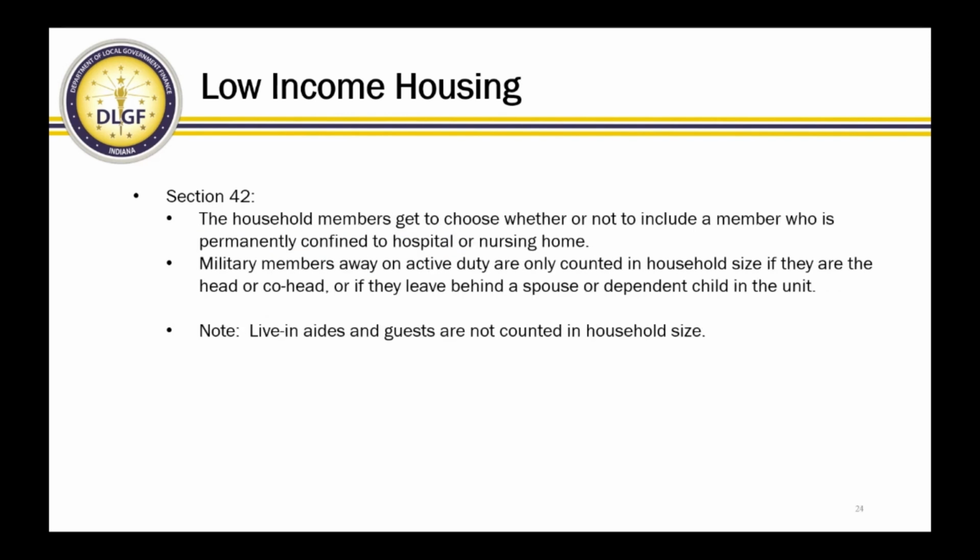First, the household members get to choose whether or not to include a member who is permanently confined to a hospital or nursing home. And then military members that are away on active duty are counted only if they are head or co-head of the household, or if they leave behind a spouse or dependent child in the unit. Live-in aides and guests are not included in the count for the household size.